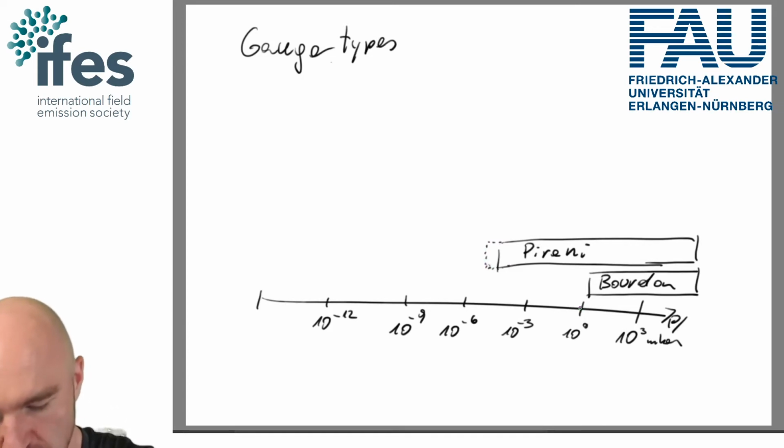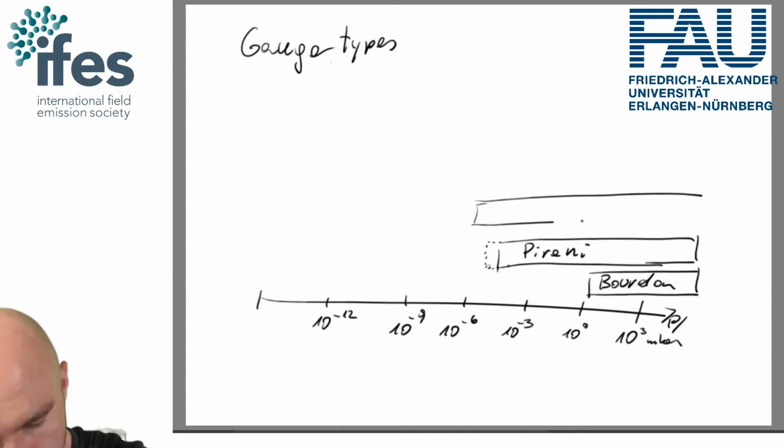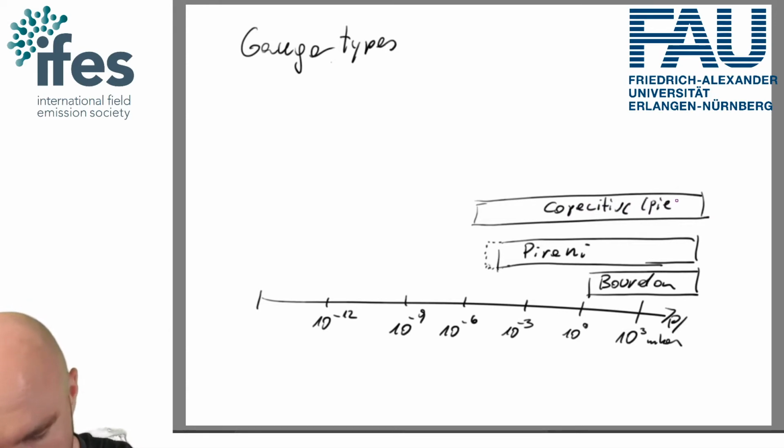Really, really nice would be a Pirani that goes down to 10 to the minus 6. Then capacitive gauges can get us down to about 10 to the minus 5 to 10 to the minus 6. Capacitive, and these are piezo capacitives.